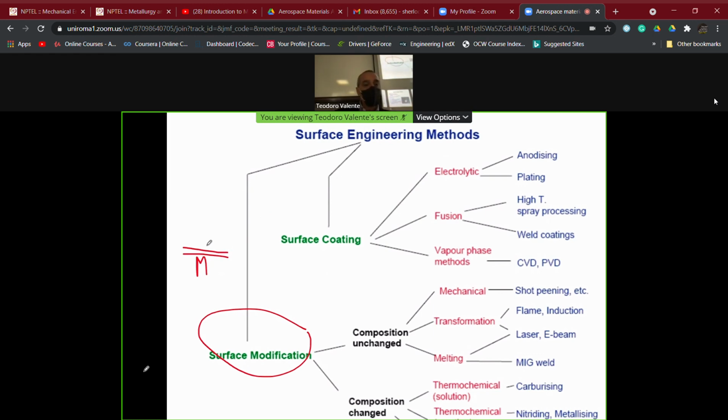This is what is going to happen when, instead, in order to modify the surface response, we use coatings.